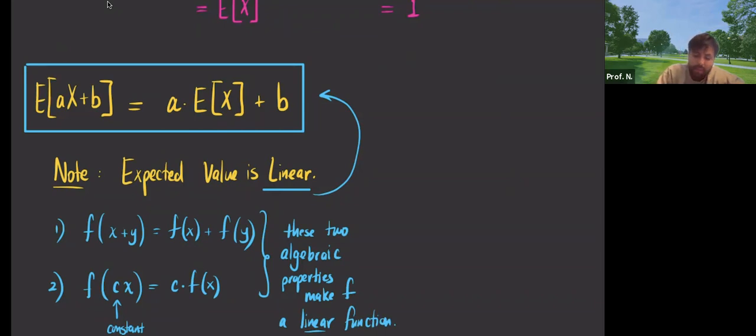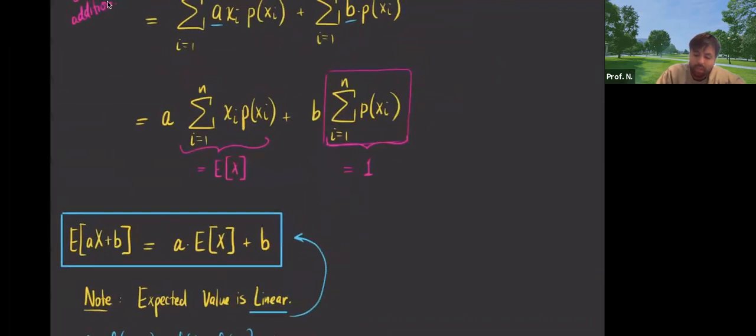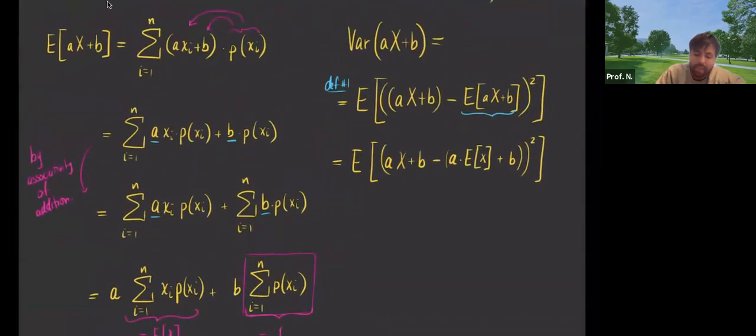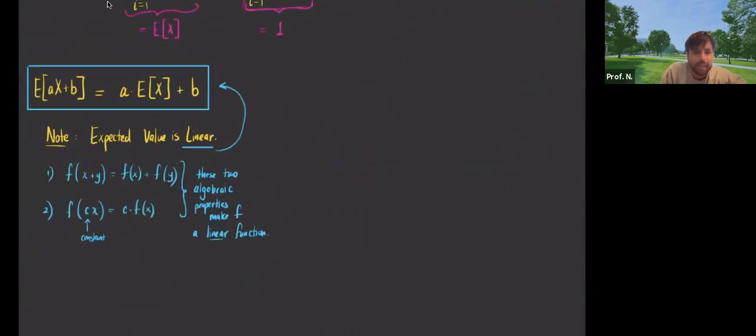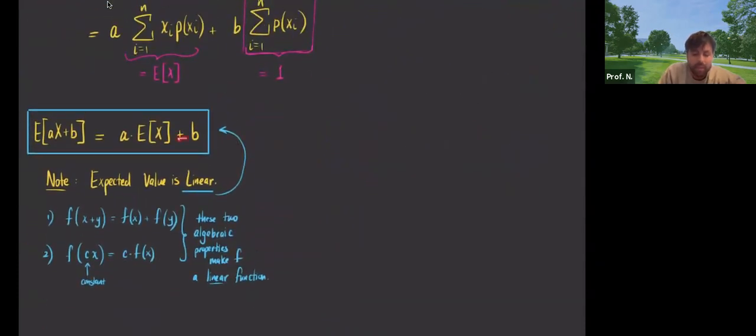So you see here we have a sum. The expected value is linear because there's a summation embedded in it. So what you could have done here is the expected value of ax plus b is the expected value of ax plus the expected value of b.